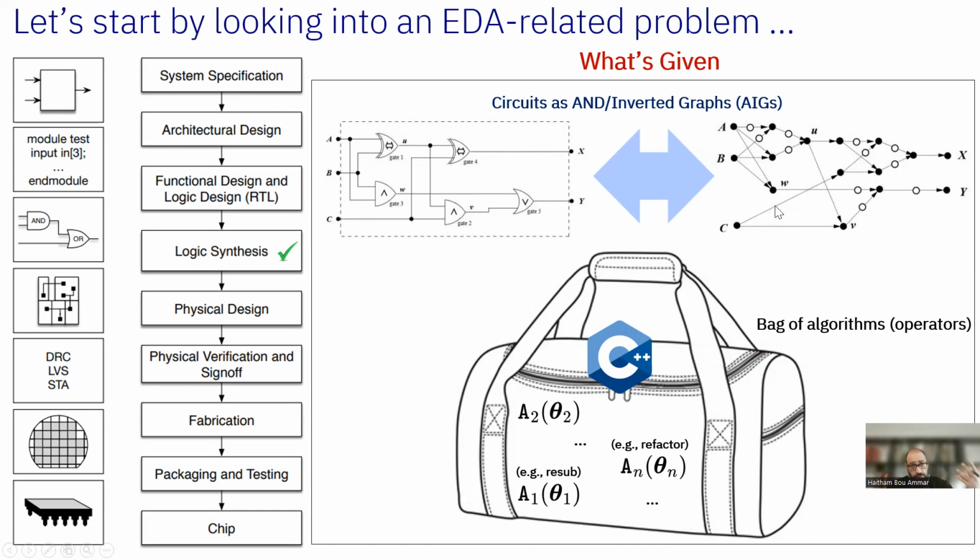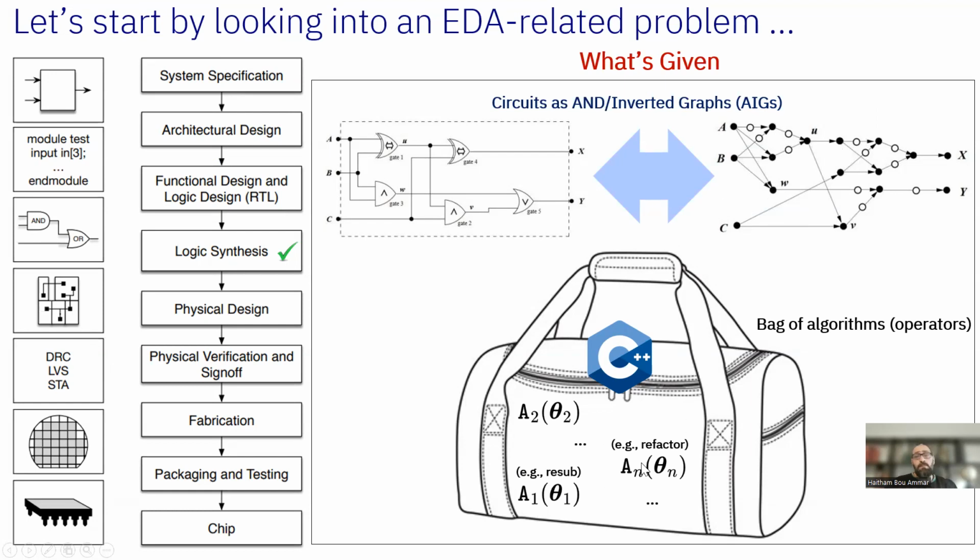Now, in addition to these AIGs, we are also provided with a bag of C++ operators. This bag of C++ operators has a varying set of operators that can execute on top of this graph. So for example, it could decide to resubstitute a node in the graph, it could decide to refactor a node in the graph, and so on.